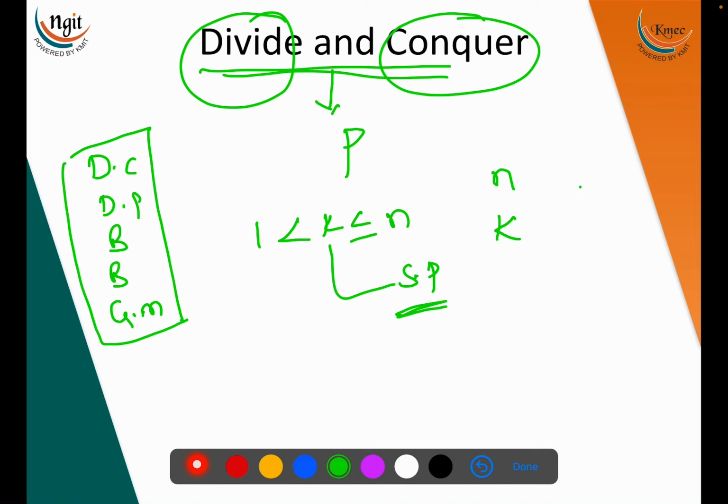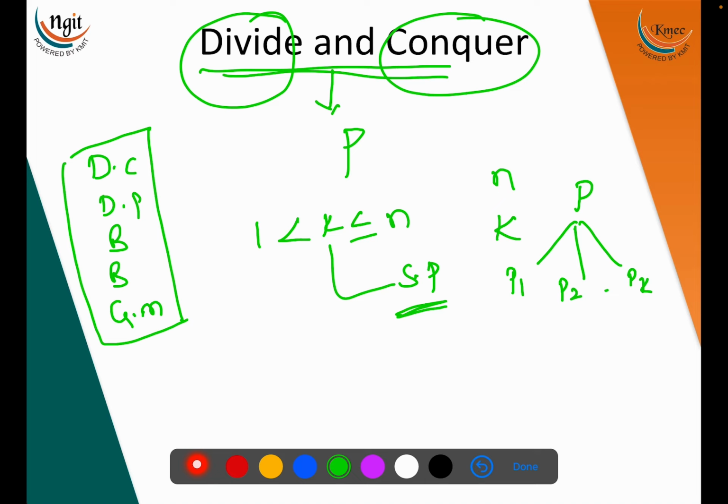Let us assume that I have a problem P. Now I am dividing P into subproblems P1, P2 up to Pk. When will we divide P into subproblems? When P is larger. When P is smaller, we will not divide it; we'll write the solution after solving.